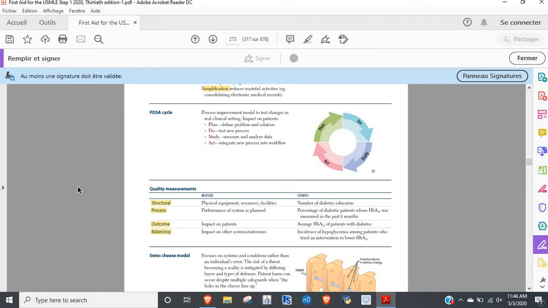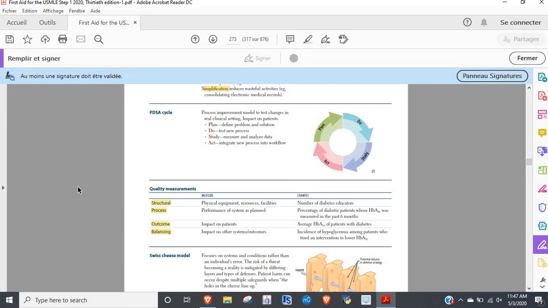You're measuring really how. Oh, outcome is very straightforward. You can say, well, how many have died? Or if you're not measuring deaths, you can use another endpoint, complications requiring intubation or something. And then balancing, it's kind of implying a zero-sum game.